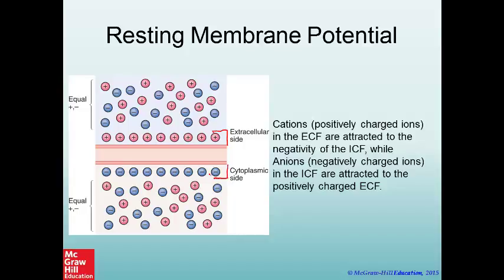Channels may be non-specific. They may allow multiple different types of ions to travel through them. The channels that we're going to talk about mostly are specific. For example, voltage-gated sodium channels primarily allow only sodium to travel through the channel. So other ions like chloride can't travel through that channel.